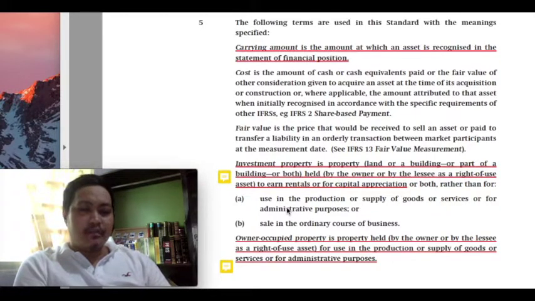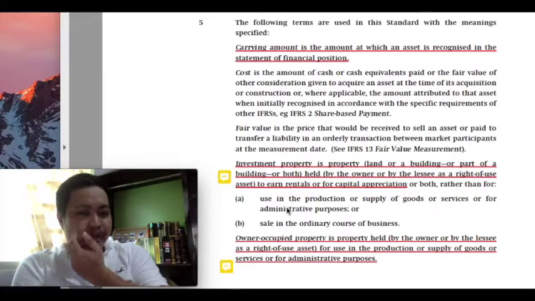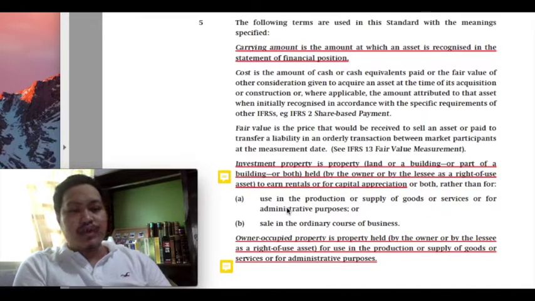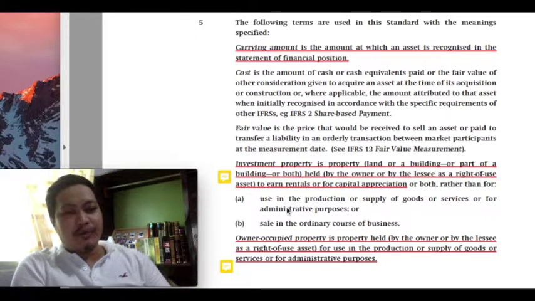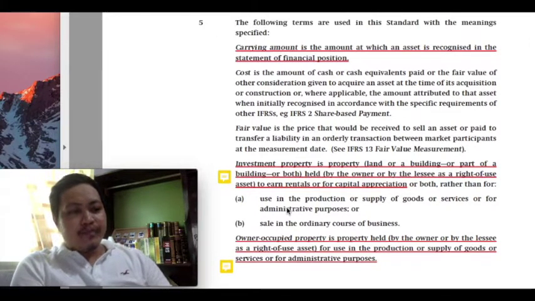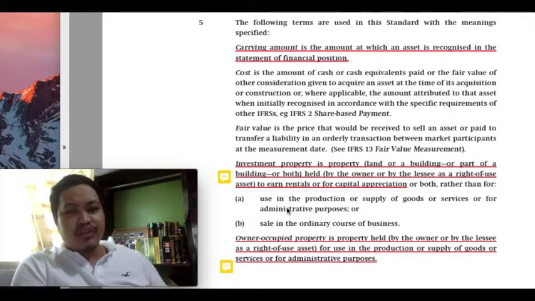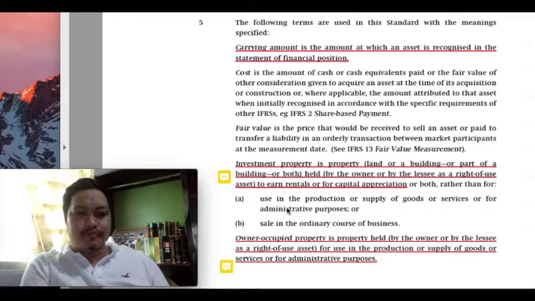Okay, so it's important that you are familiar with the definition of both investment property and owner-occupied property, because that could be the principal issue in a lot of questions involving PAS 40, class. Okay, so if you're asked which of the following is not an investment property, and you're given a machinery as among the choices, class, then that should not be difficult already for you to answer, because you know that investment property is limited only to land or building.